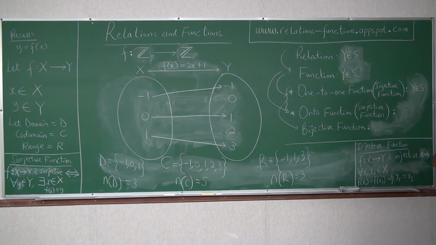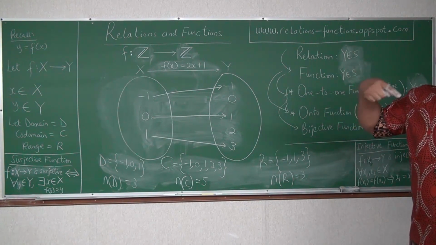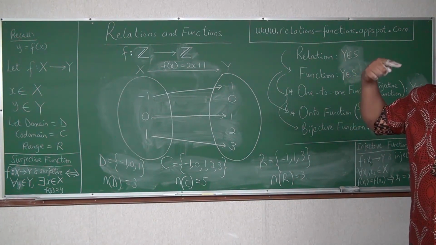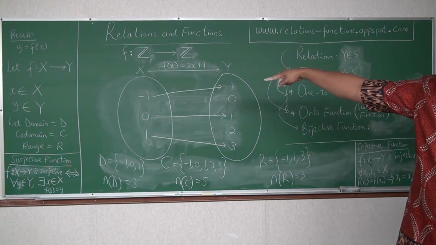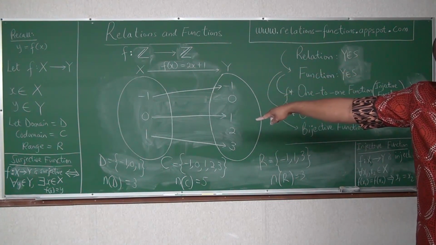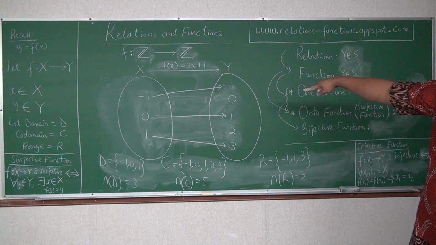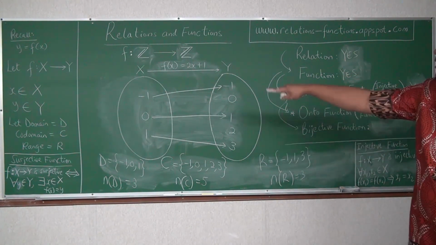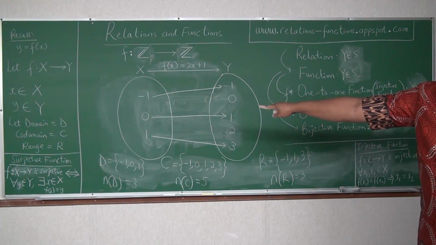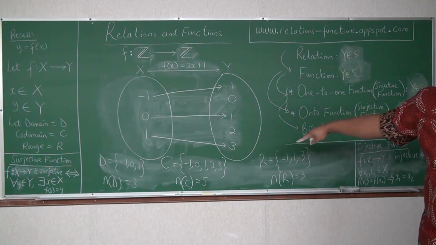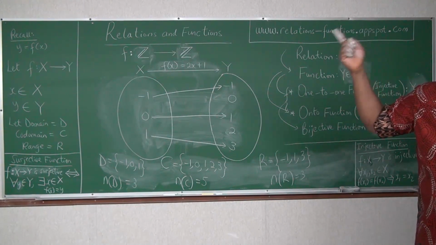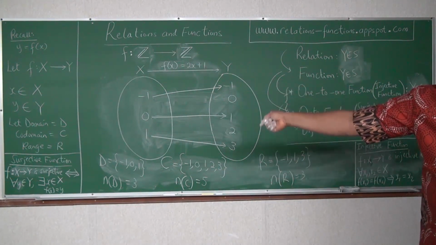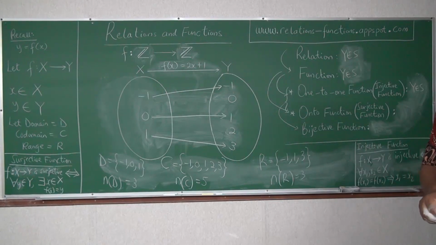Surjective function means every element of the output is an image of at least one element of the input. Every element of the codomain is an image of at least one element of the domain. Now, it is not.